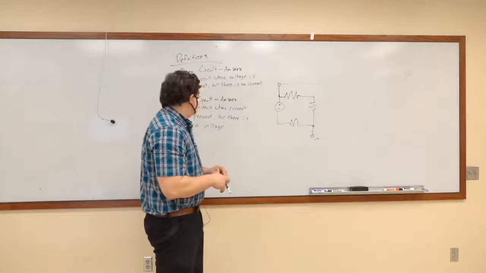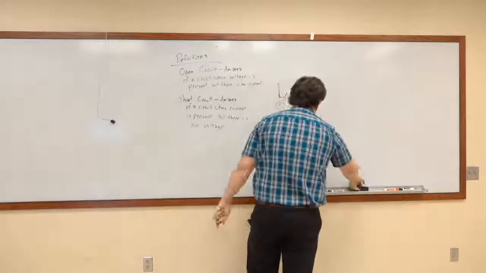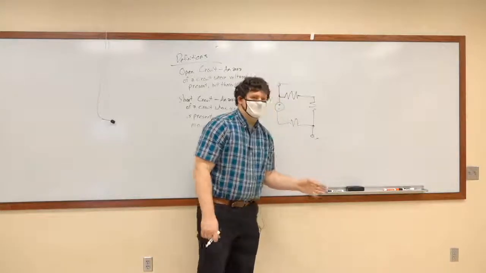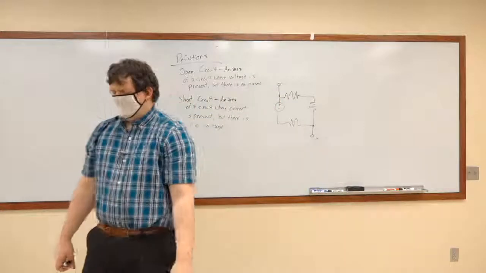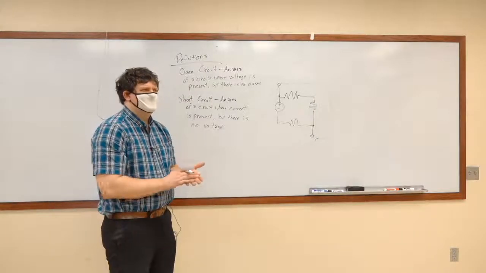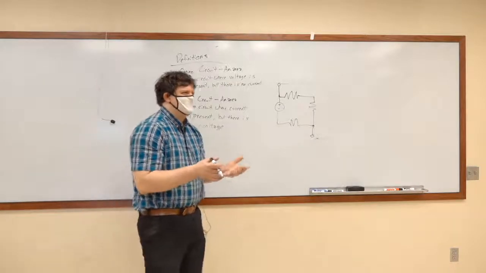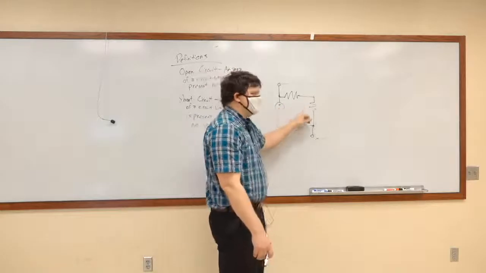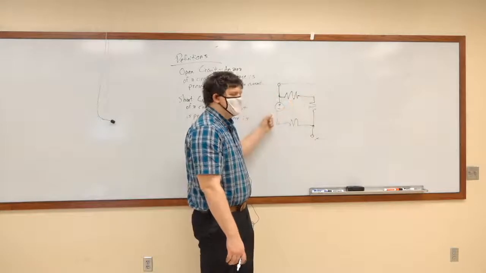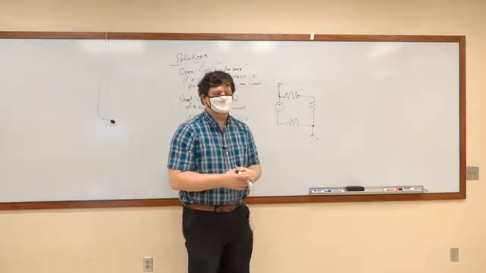So this is the foundation of what we're doing here. If we want to pull power out of this system, we want to know what the node voltage is between here and here, okay? And as we pointed out, that node voltage is going to change depending on what the rest of the circuit looks like. You may have other resistors that you put in here, and it's going to impact how much power is being consumed. It's going to impact how much power is being put into each one of these resistors.